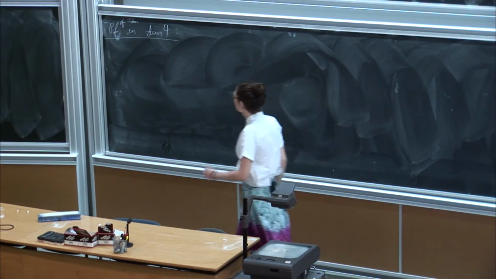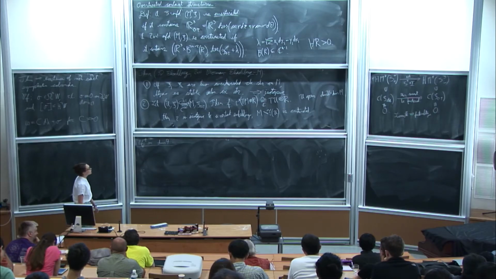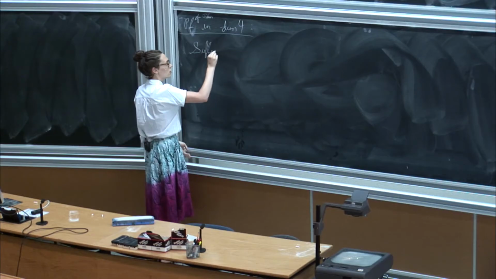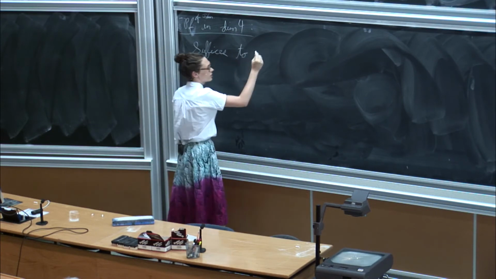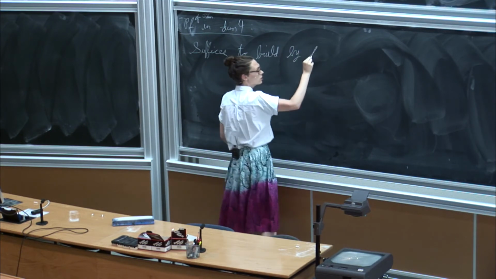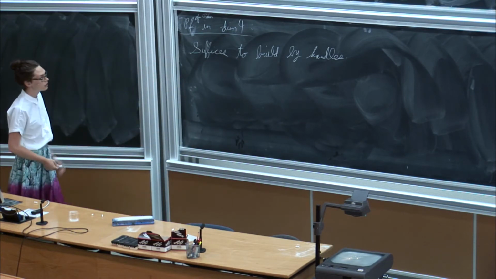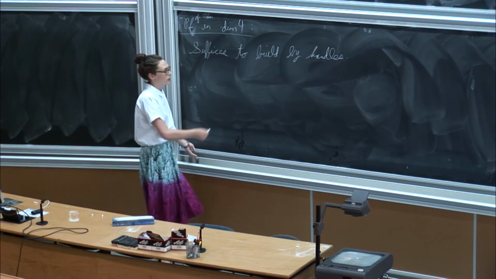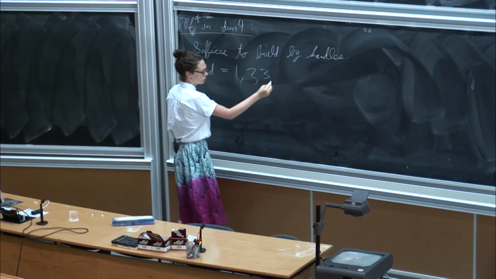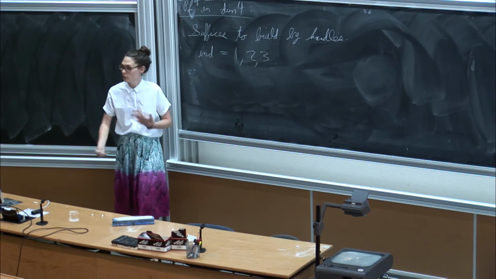Okay, so now here we are at this 4-dimensional proof. So it suffices to build by handles, right? So the only thing I need is index equal to 1, 2, and 3. Since I have non-empty boundaries, there's no mins, no maxes.